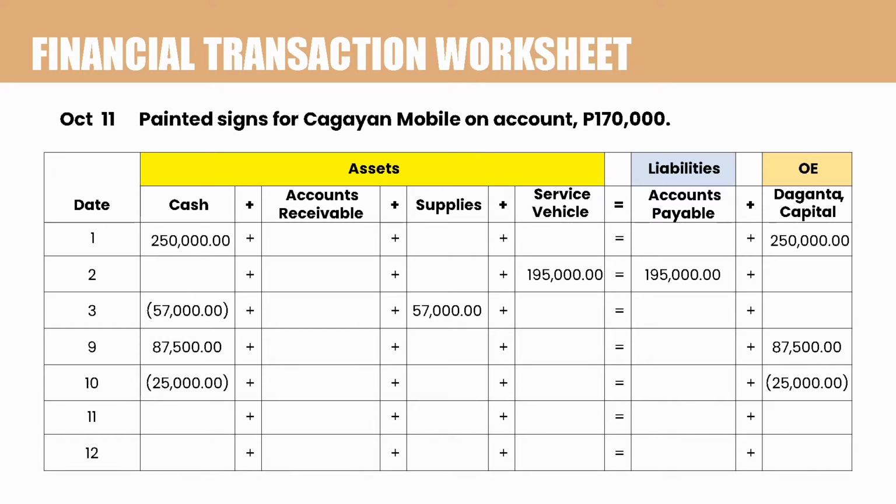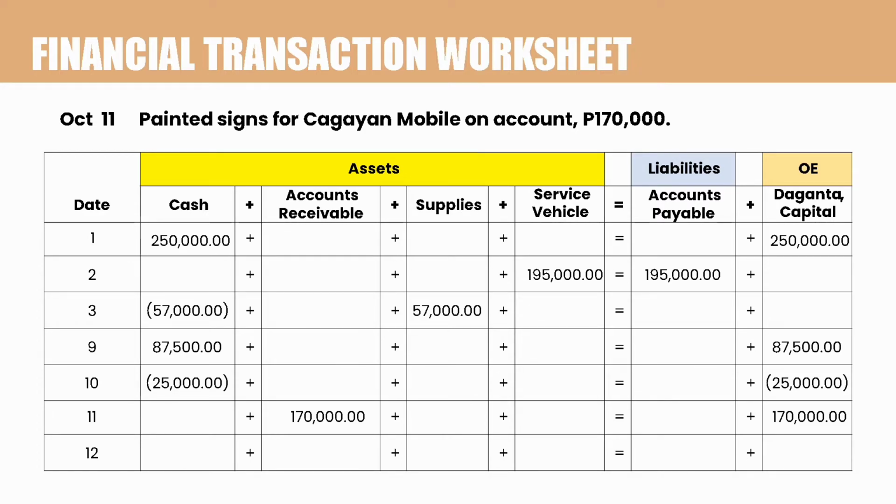Next, for our October 11, we have painted signs for Cagayan Mobile on account, 170,000 pesos. So, nagpaint daw tayo ng signs para sa Cagayan Mobile and on account siya. So, yung 170,000 natin ay nasa accounts receivable and Daganta Capital.